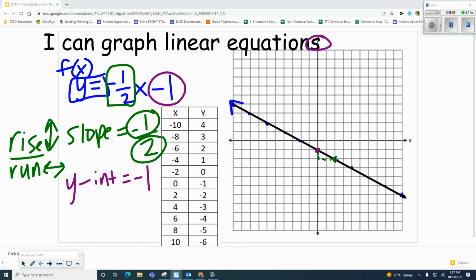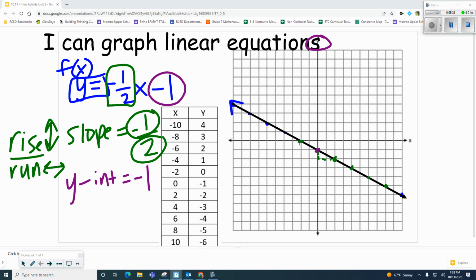Now watch, if I follow that same pattern, down 1, right 2, I end up at the next point. And then down 1, right 2, the next point. Down 1, right 2, the next point. The same thing if you had to go backwards: instead of going down and right, you would go up 1, left 2.